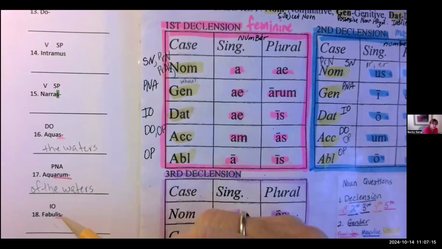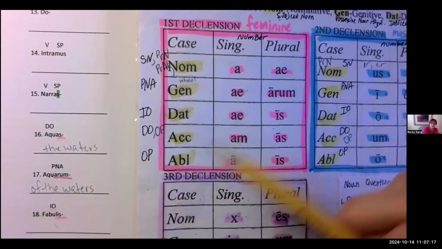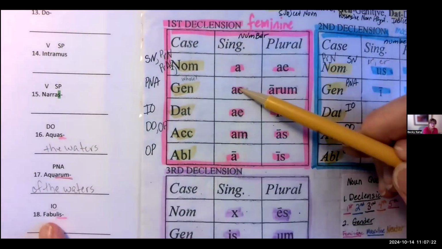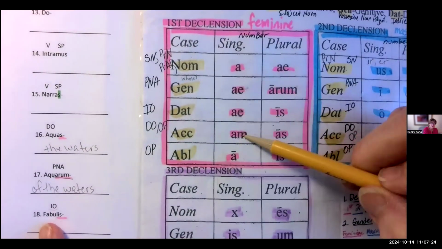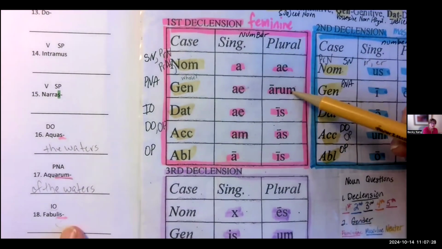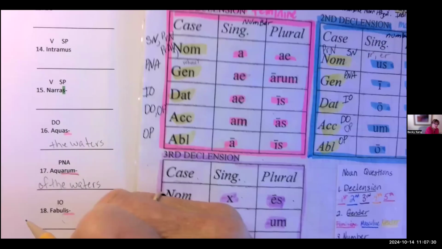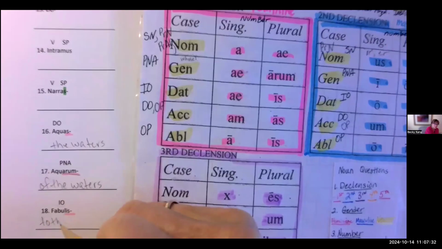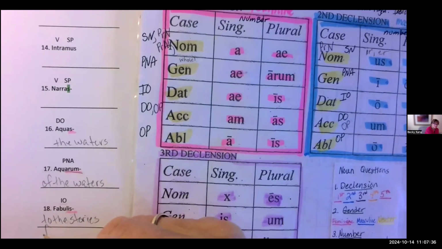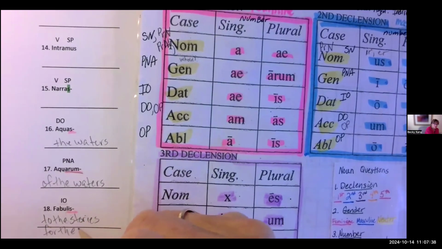It's kind of irritating, but here I told you it's the indirect object, so it's right here. So this means story, of the story, to or for the story, by, with, from the story, stories, of the stories, to or for the stories. It could be to the stories or for the stories, either one. That's how we'll translate it.